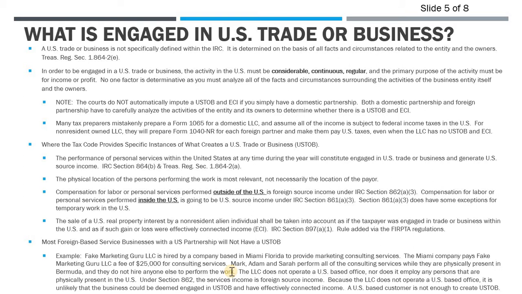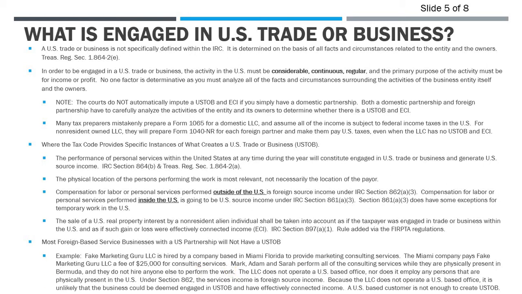There's nothing going on in the U.S. You just have a customer there, and you just have a domestic partnership, which, under 701, is not subject to tax, right? You have to look at the activities of the owners and the activities of the business to determine whether or not it actually does create a USTOB and any exposure for those foreign partners.